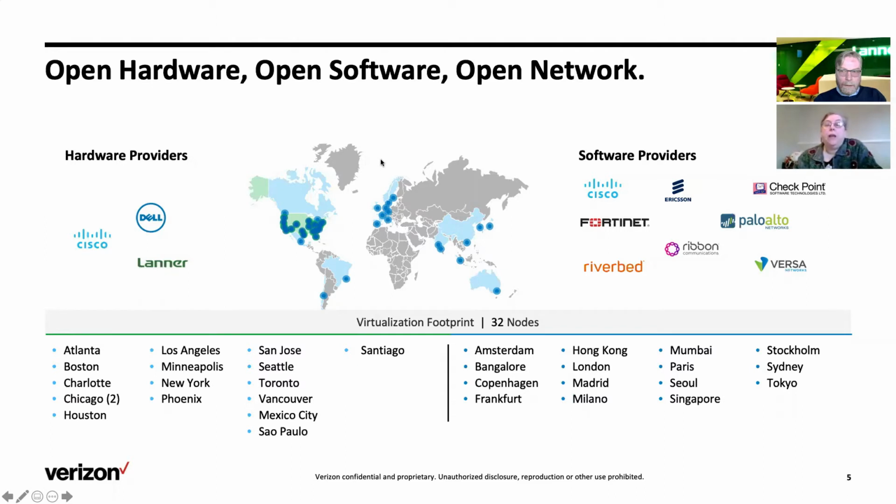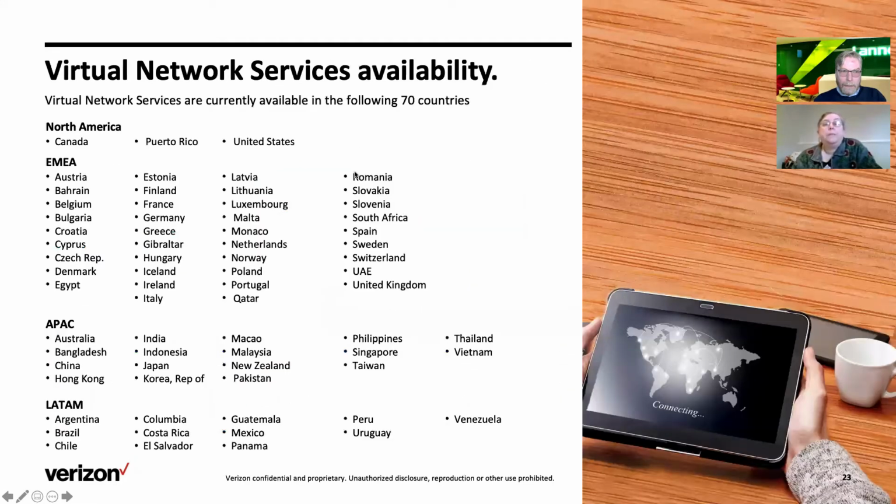But we have our hosted nodes located in 32 nodes around the globe. And then our universal CPE is available in over 100 countries today. So moving on. This is just a sample of the country availability for virtual network services. And this is not a comprehensive list by any means.